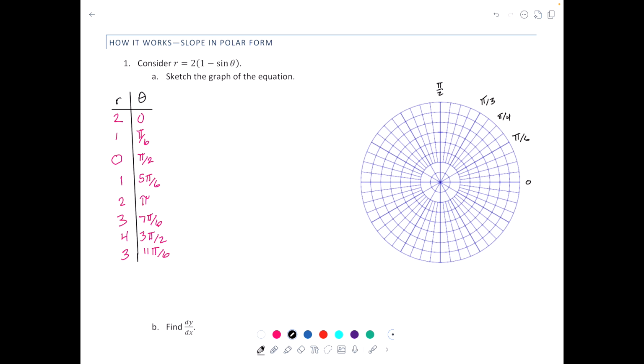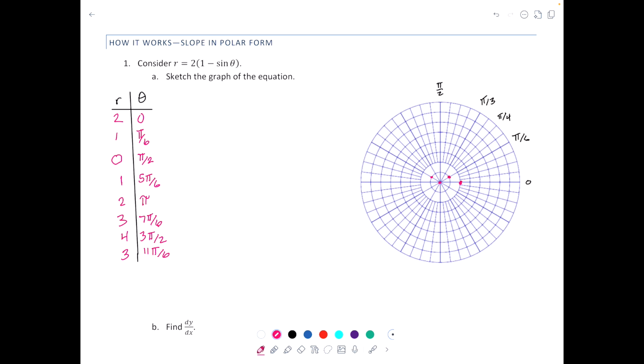So let's get started. We have an ordered pair in polar of 2, 0. So we are right here. And then 1 at pi over 6, so we go to 1, and then we travel that circle to pi over 6. And then we had 0 at pi over 2. And then at 5 pi over 6, which is over here, we're back to 1.